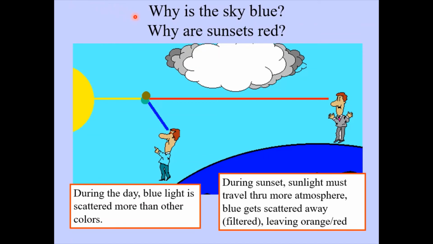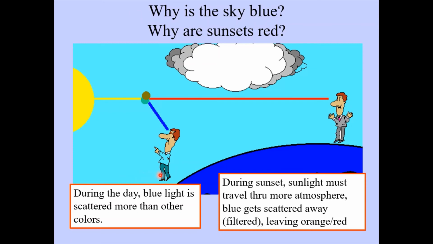Why is the sky blue and why are sunsets red? Well, this is one of the properties of light as well, and this is mainly due to something called scattering, which is where light rays basically scatter off of particles in the air, including the air molecules themselves.